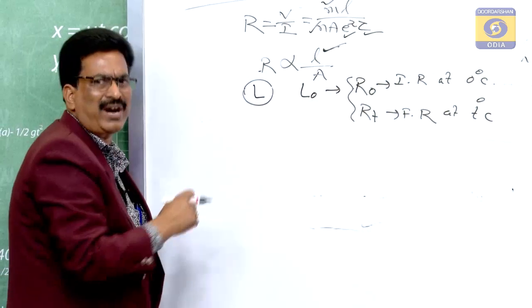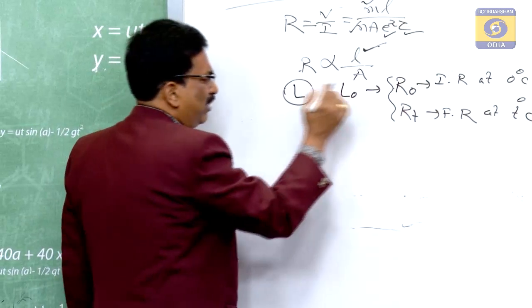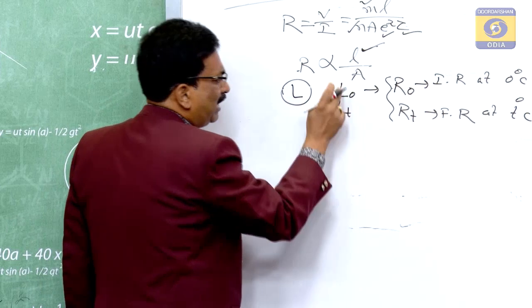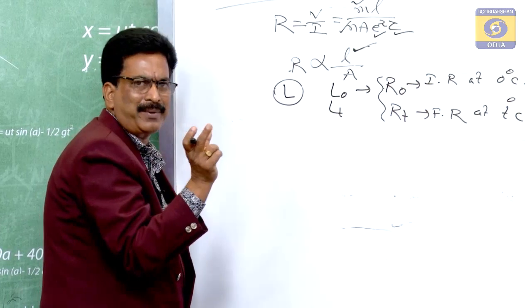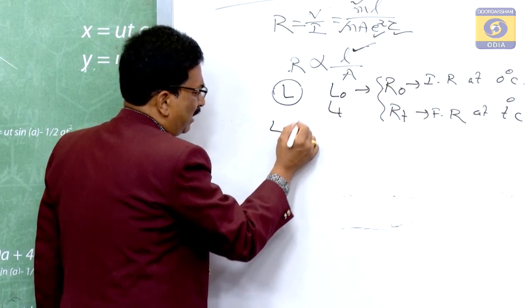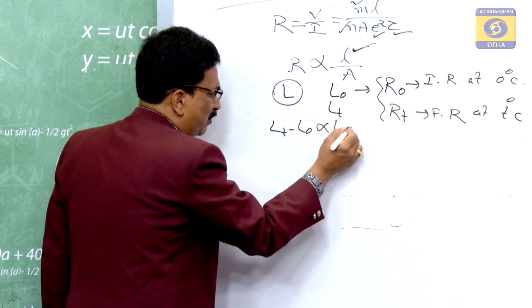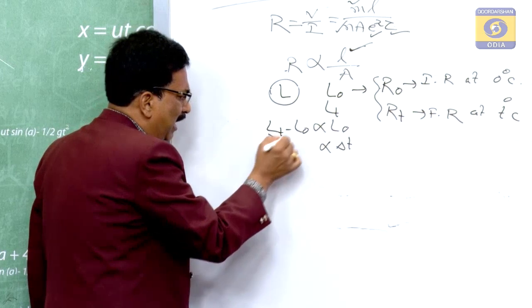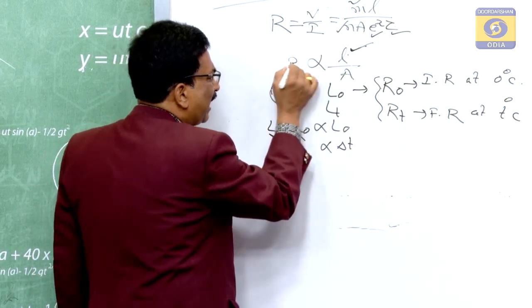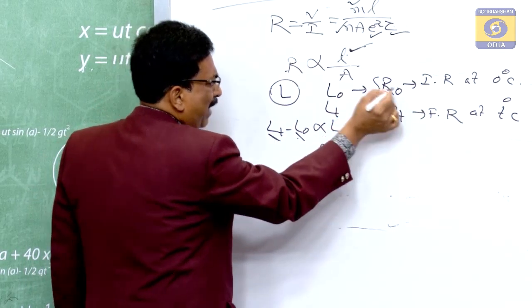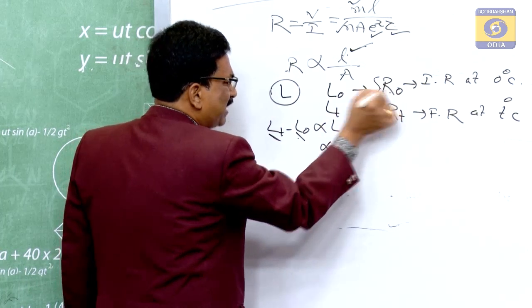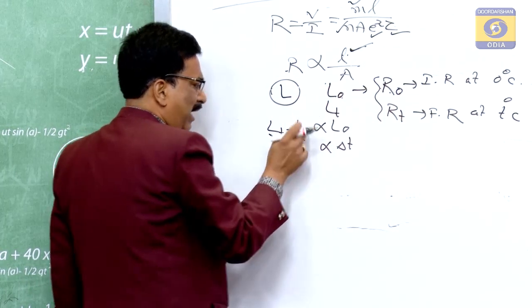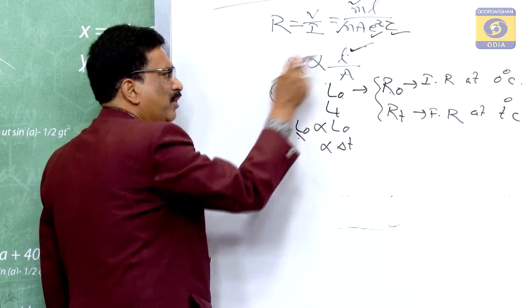As in your first year thermal expansion, you know that for the two lengths L0 and LT, LT minus L0 is proportional to L0 and proportional to ΔT. So here length is related directly with the resistance. If R0 is the resistance, its corresponding length will be L0, as we know from Ohm's law.